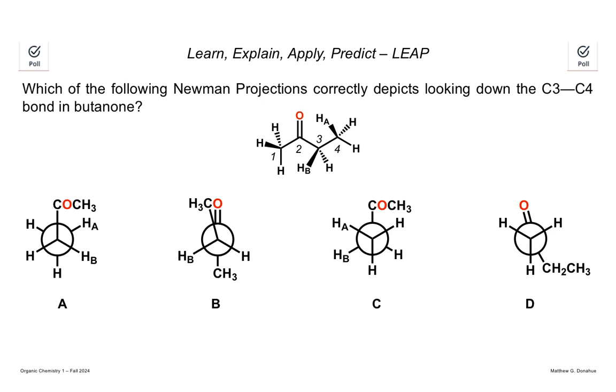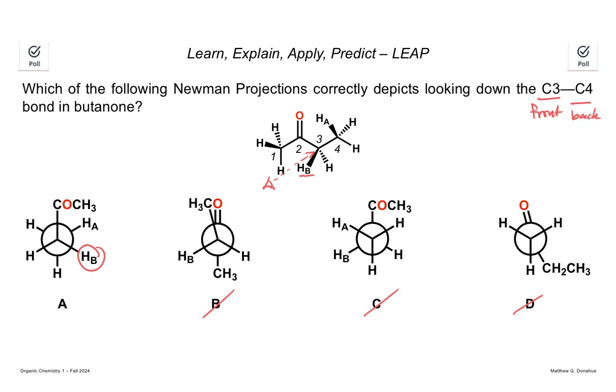So which of the following Newman projections correctly depicts looking down C3, which is the front, to C4, which is the back? So again, we're putting our eyeball here, where C3 is in the front, C4 is in the back. So we want to have HB to the right. So far, choice A is good, B is not, C is not, D is not.